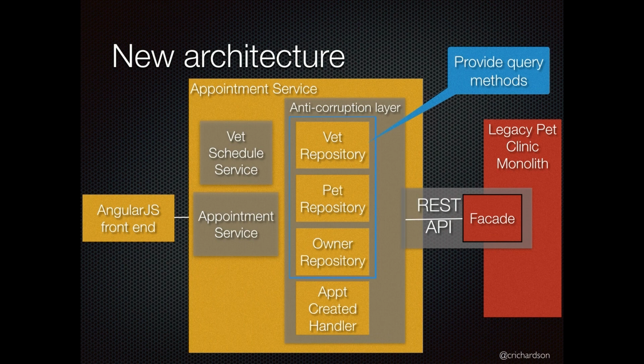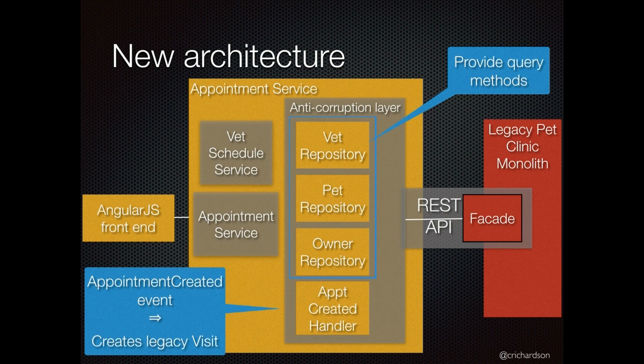And then at the bottom, you can see there's an appointment created event handler. The notion here is that this new system is implemented using event sourcing. When an appointment is created to associate a pet with a time slot belonging to a vet, that publishes an event, an appointment created event.